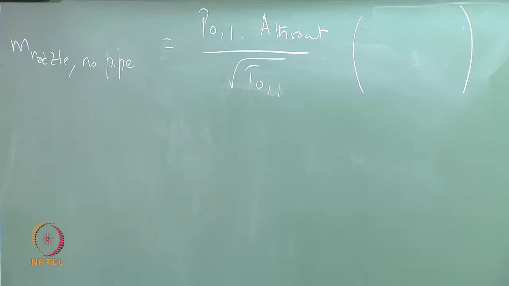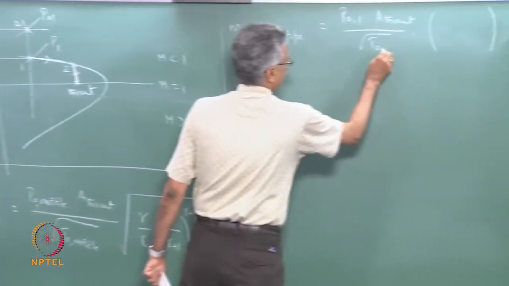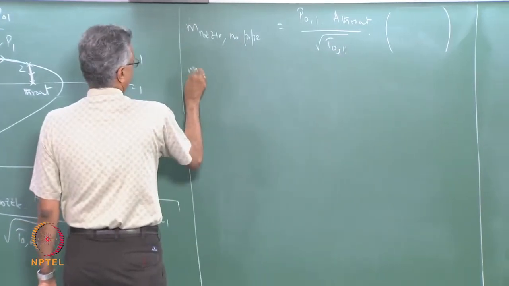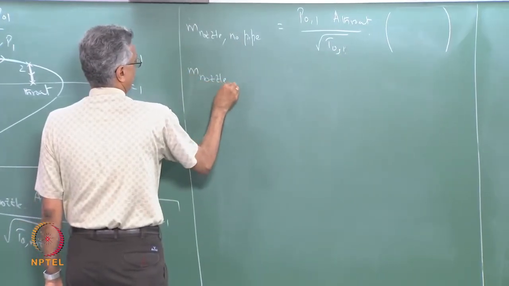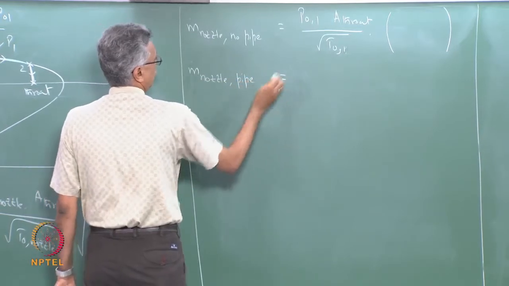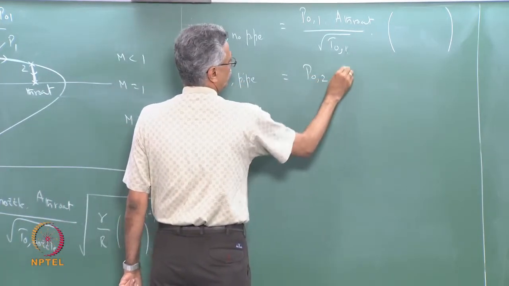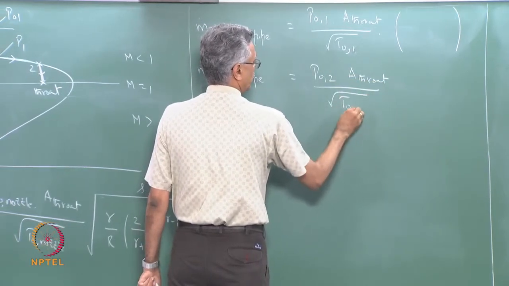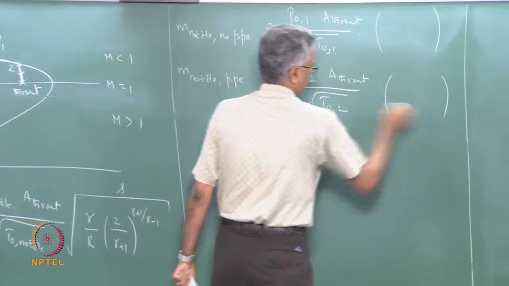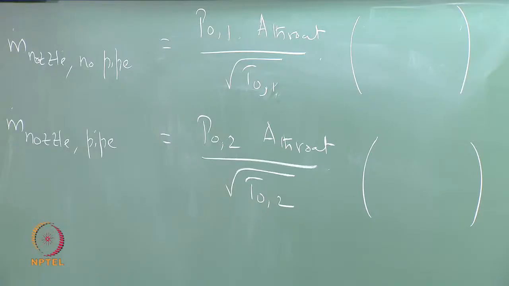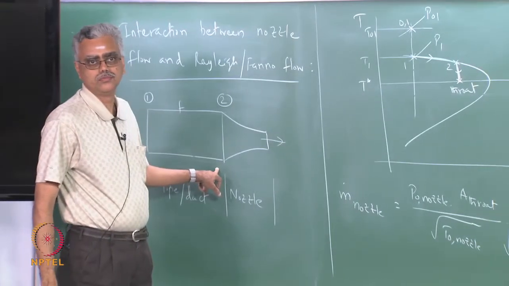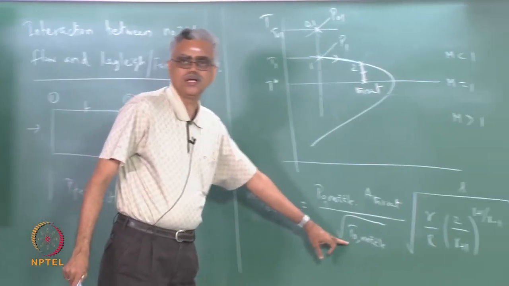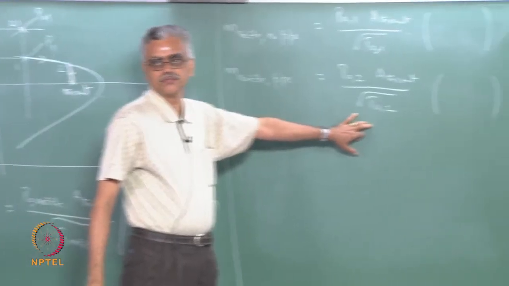Now, when the pipe is present, this becomes P02 times A throat divided by square root of T02 times this, right. The isentropic part of the flow starts from station 2, which is why I have written T0 nozzle as T02 in this case.